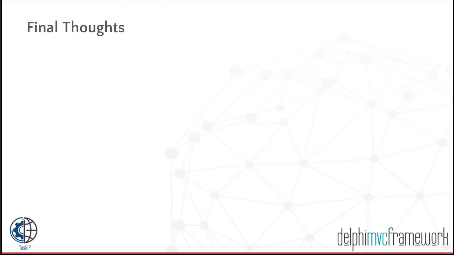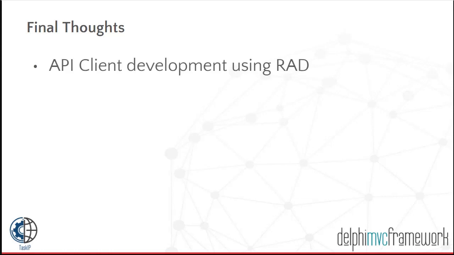So guys, a few final thoughts about what we had today. Today we developed an API client using Red. You saw that it was fast, it was simple to do, and we used only things that come already with a framework or with Delphi itself, like DB Navigator, DB Grid, and the utilities that the framework provides.